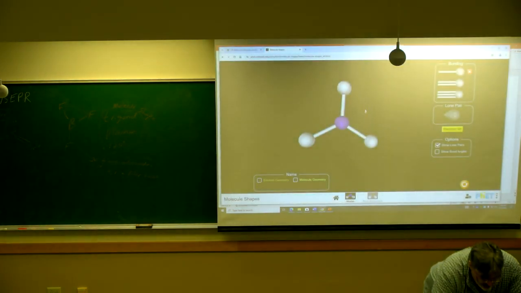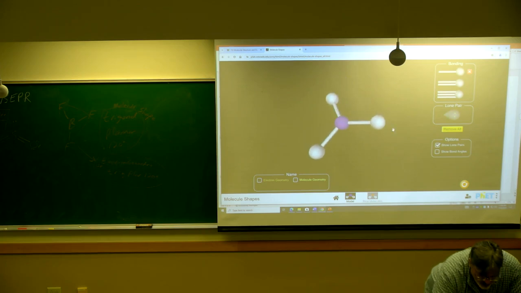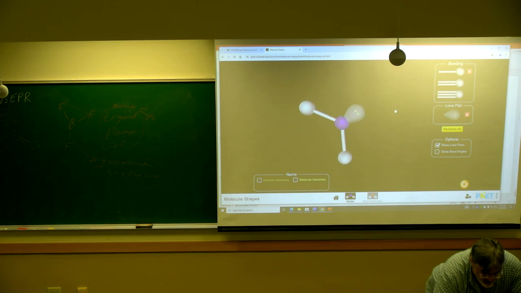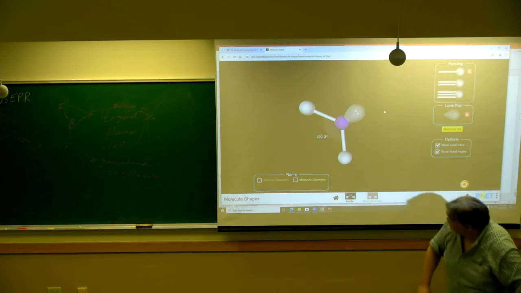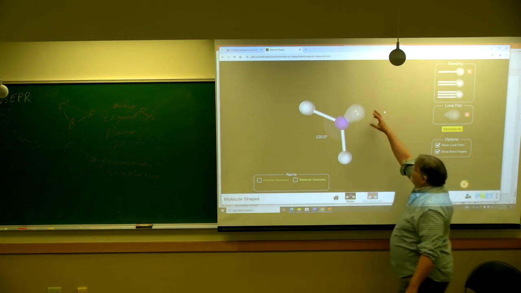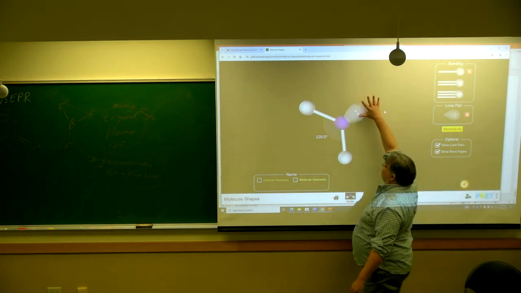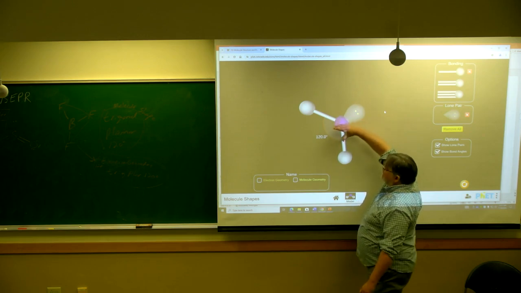I like this. So there's this, and I can take one of those off, put an electron pair on it, and you can still see that it's trigonal planar, but ultimately it's just bent. That pair of electrons, though, they still show it as 120 degrees. But if it's a pair of electrons, it actually kind of spreads out in space and squeezes these down.